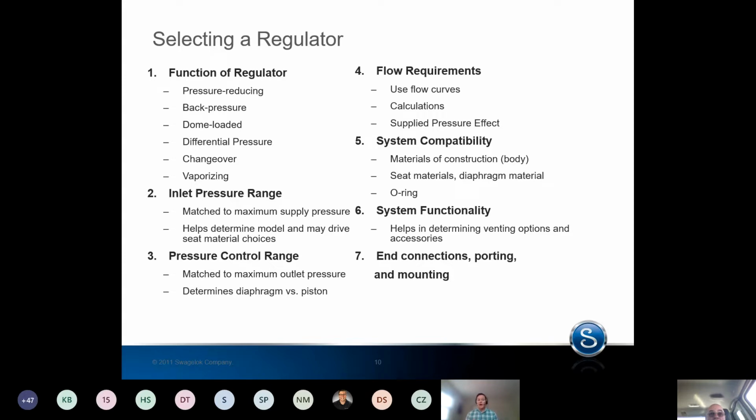We'll spend a lot of time talking about those 3 sections. The others are important, but they're also similar to any time you would select a valve, or even a fitting. You need to know that the compatibility is there and things like that. So we will go through 7 steps, with the majority of the discussion happening in steps 2, 3, and 4.